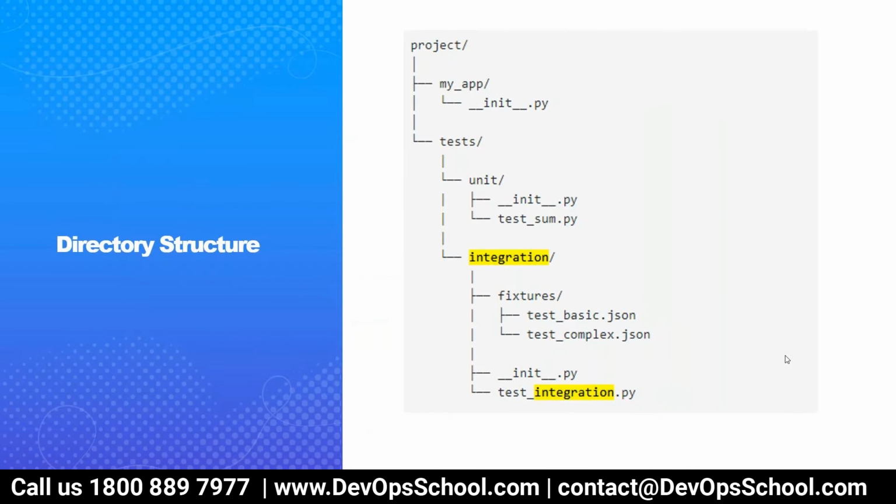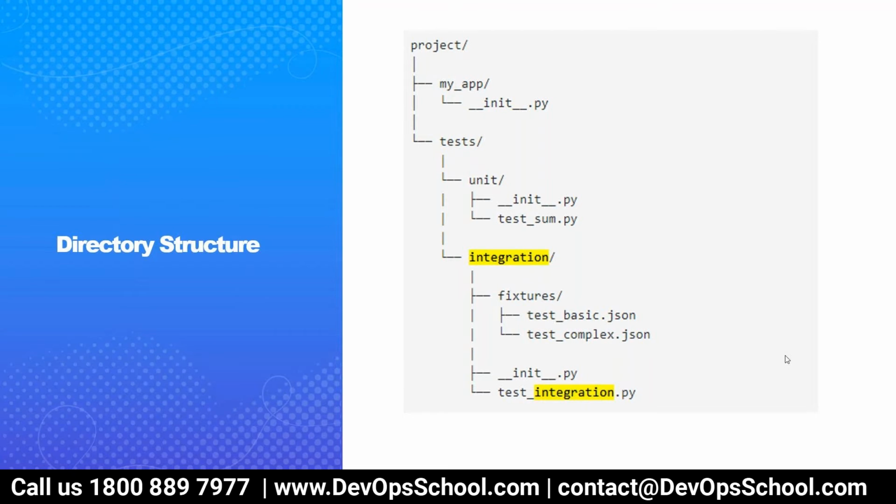Now, we need to understand this structure, and this is very important. When you see the model's code, you will find it in the my app folder, or it can be SRC also, depending on how the programmers opt for the hierarchy.